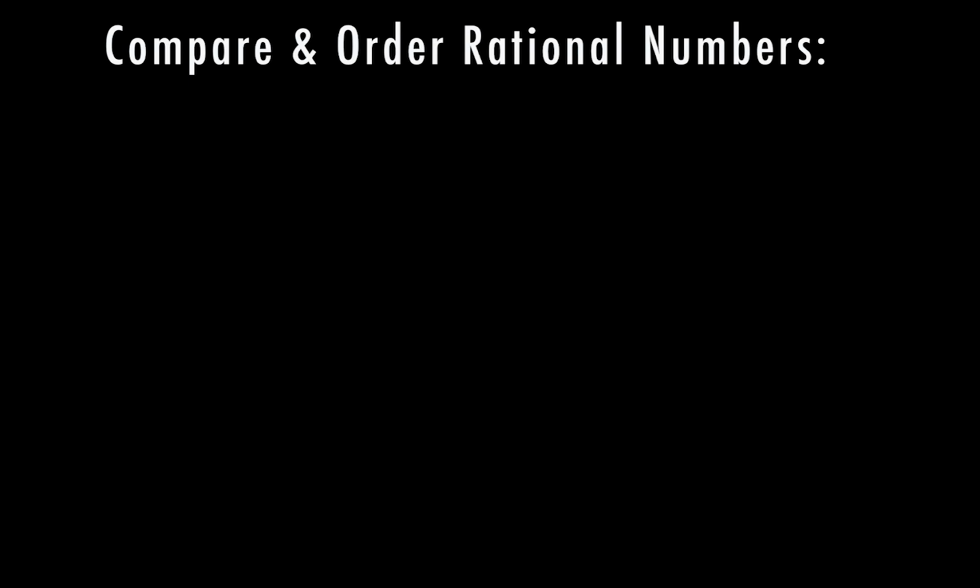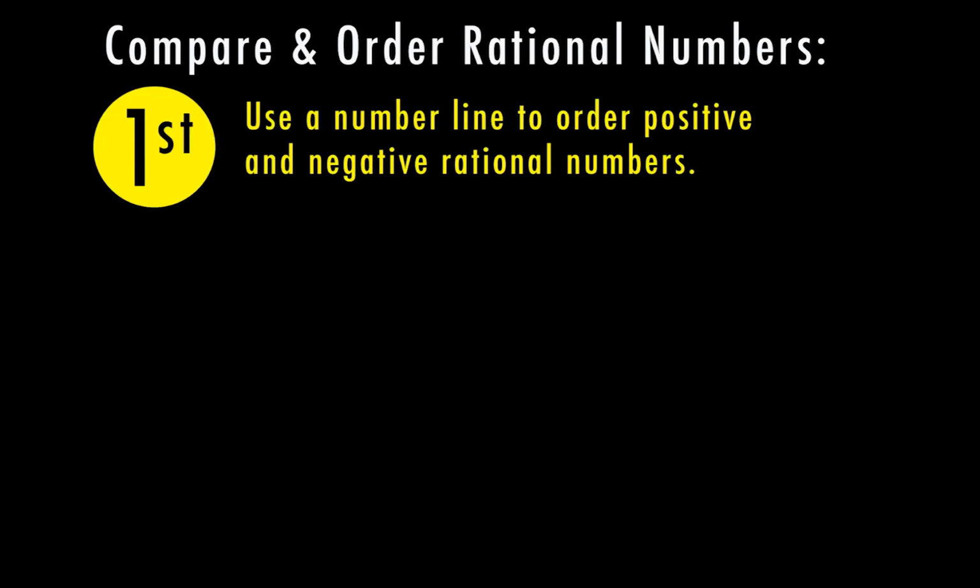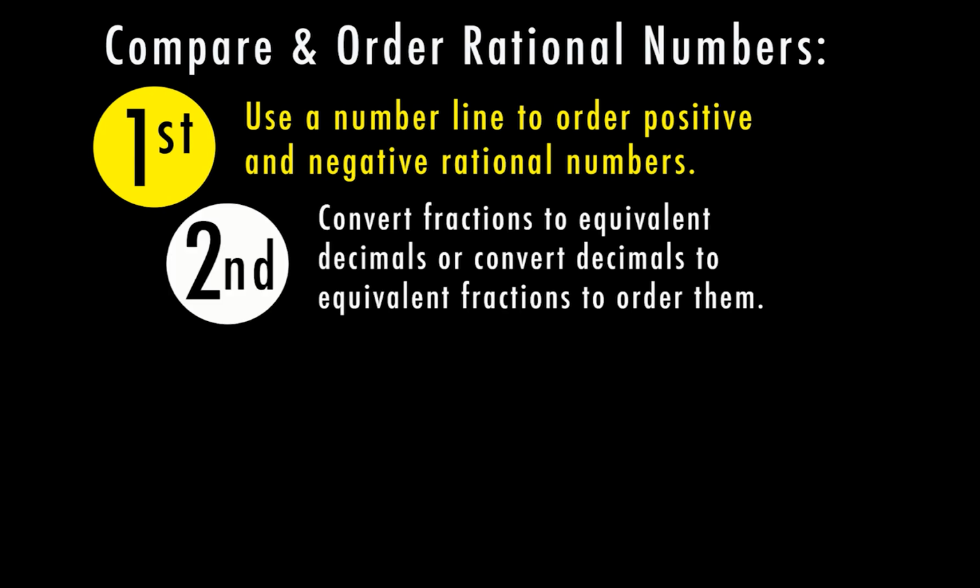Let's go ahead and talk about our steps one more time so we can recap here. First, when we're comparing and ordering rational numbers, we want to use a number line to order positive and negative rational numbers. Second, we're going to have to convert fractions to equivalent decimals or convert decimals to equivalent fractions so that we can put them in order.